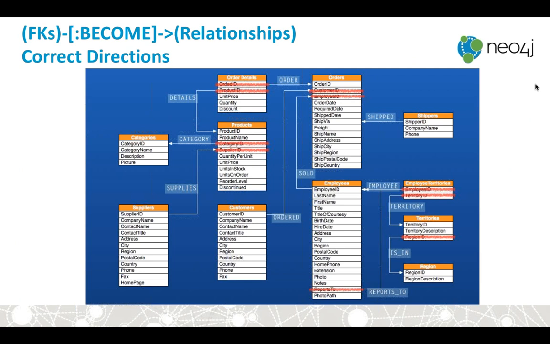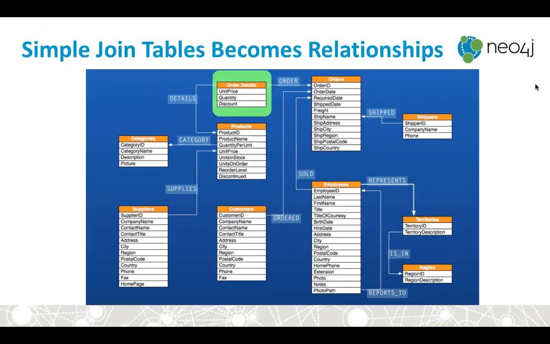Similarly with a supplier, we have the supplier supplying a product instead of including the supplier ID as a foreign key element inside the product table. And then our join tables. There are some tables here that simply exist to join other tables together, and we really want to remove that complexity and make it much easier to look at our data. So our join table, like order details, actually becomes a relationship.